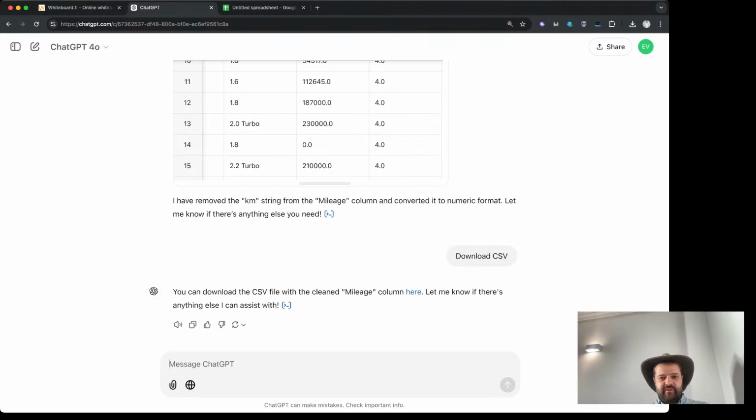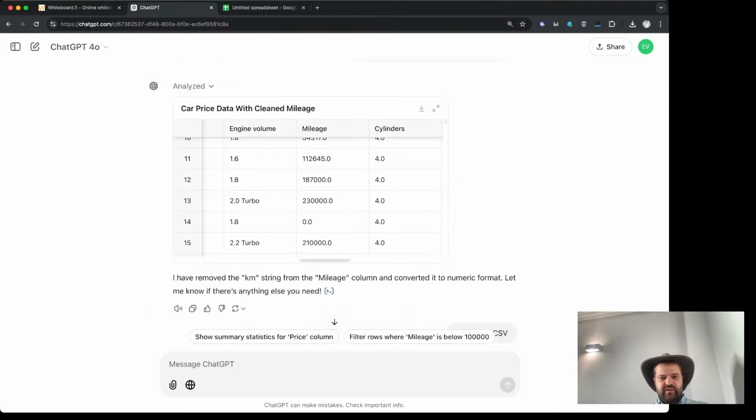Then remove rows where column mileage value, or actually just remove the outliers. I can ask where the value is 0 or just the outliers.